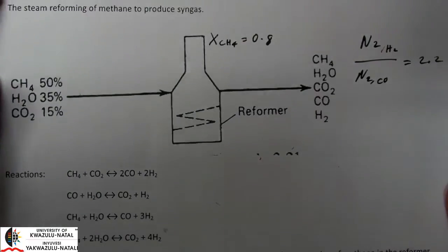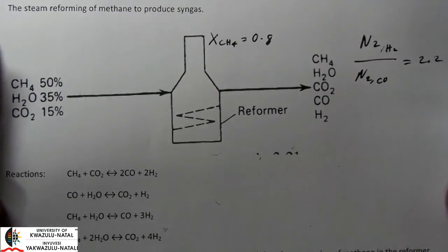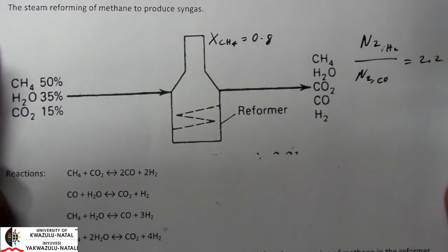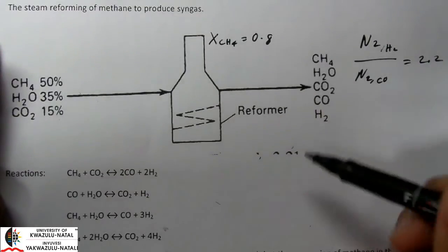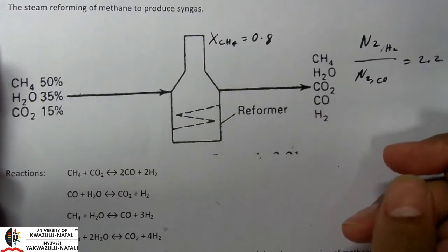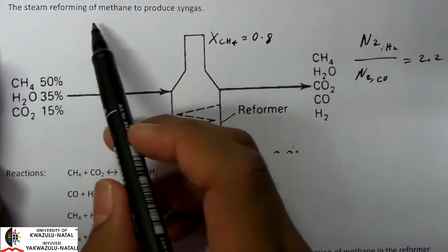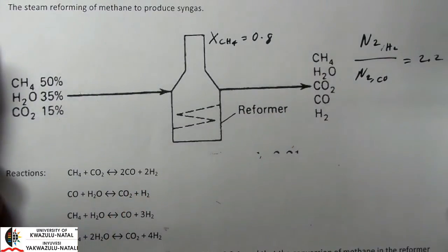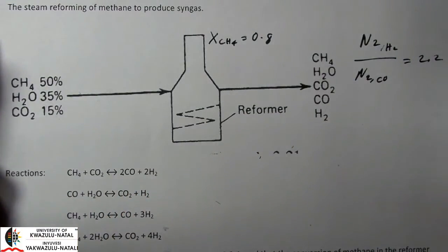So now that you know the basics of column reduction for our multiple reaction systems, let's look at a more comprehensive example. Consider the steam reforming of methane to produce syngas.